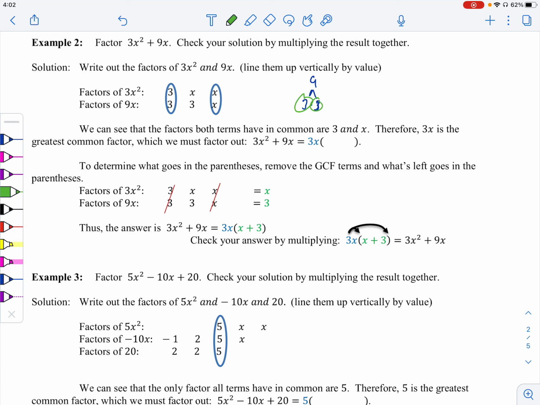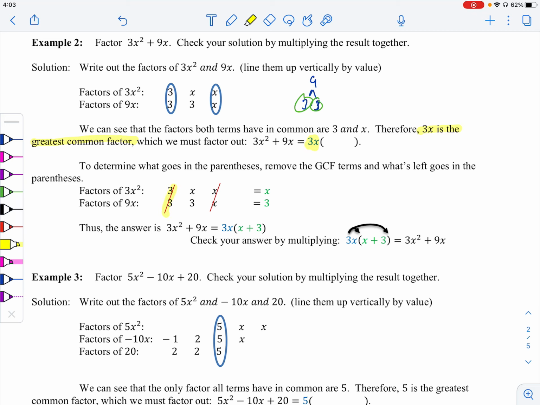So we have 3 times 3 and 1x. We look at what's common: the 3 and 1x. That's what we're factoring out. We're factoring out 3x, because that's the only common factor. So that's the GCF: 3x is the greatest common factor. And what's left? What do we put in there?